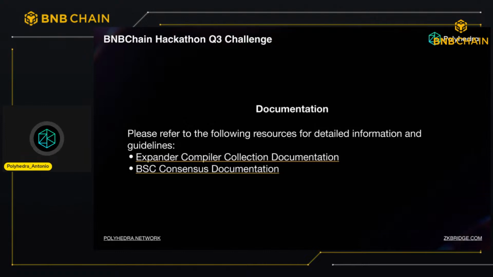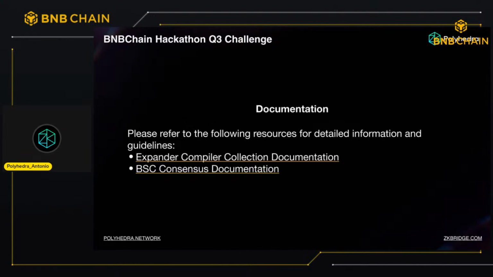So if you're familiar with GNark, everything should be simple and very easy and very straightforward. If you're not that familiar with it, it's fine. We have very detailed documentation to guide you through what you should be doing. And the second thing, you need to check the BNB chain consensus documentation, which, well, both of the links are uploaded on the DoraHacks website.